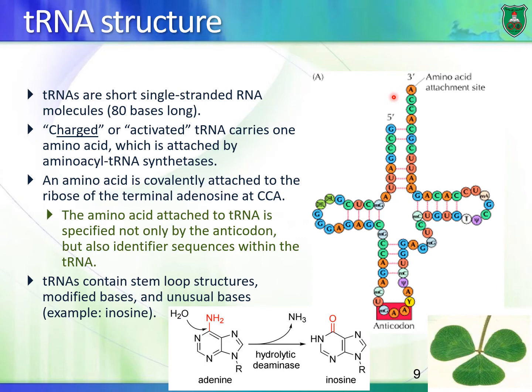Now, notice that tRNA molecules contain stem loop structures because there are complementary sequences within the tRNA molecule. And overall, it looks like a clover leaf. So it looks something like this. Now, an important feature of tRNA molecules is that sometimes they contain abnormal bases.